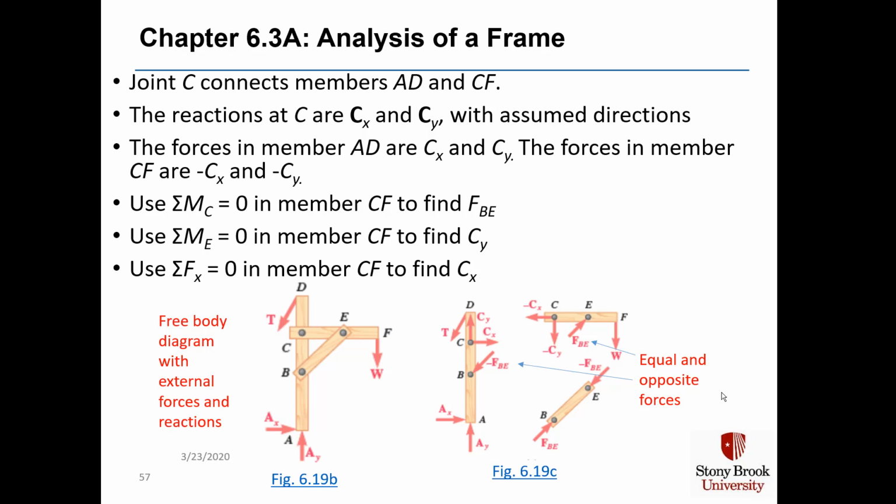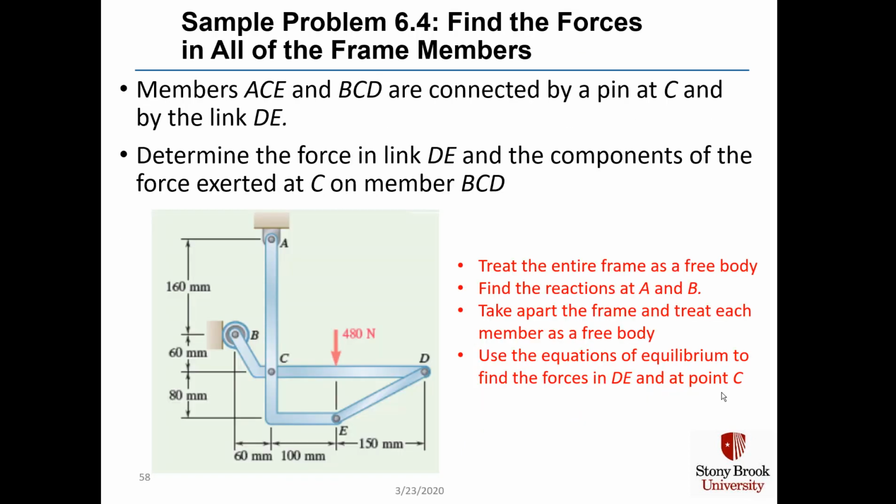Here is a sample problem 6.4 in which we'll find the forces in all of the frame members in the picture at the bottom of the screen. Members ACE and BCD are connected by a pin at point C and by the link DE. We're going to determine the force in link DE and the components of the force exerted at point C on member BCD.